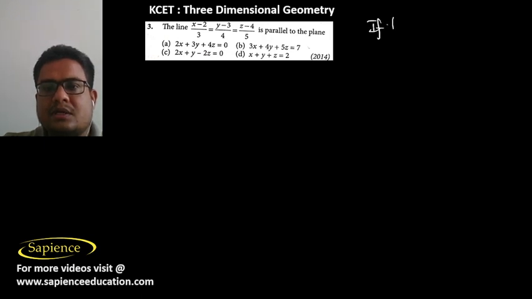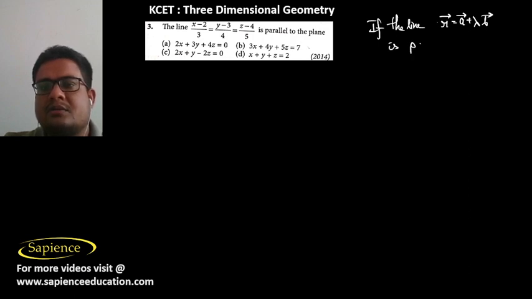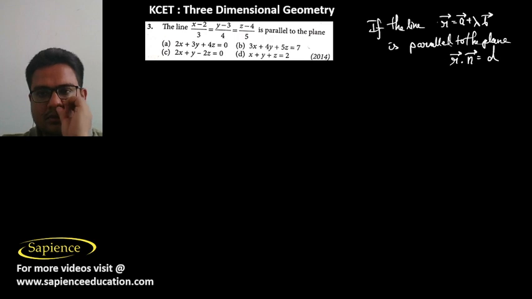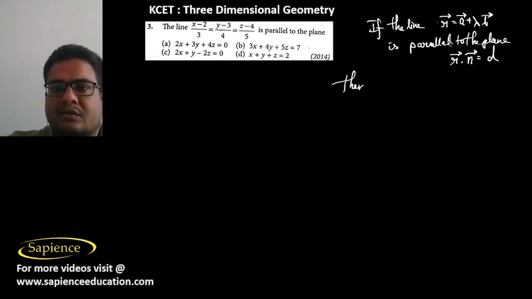Suppose the line r vector equals a vector plus lambda b is parallel to the plane r vector dot n vector equal to d, then we should have b vector dot n vector equal to zero.